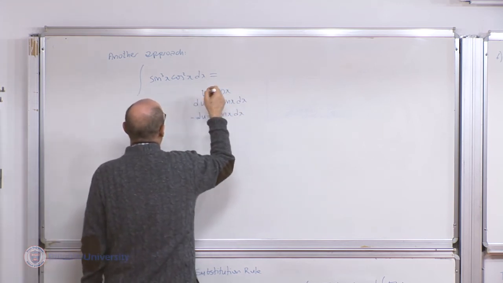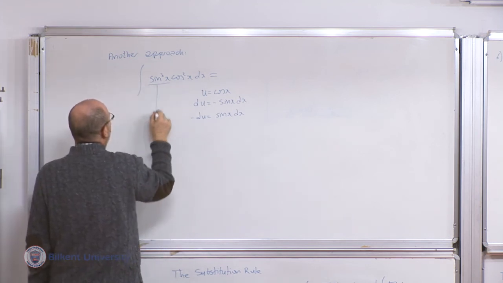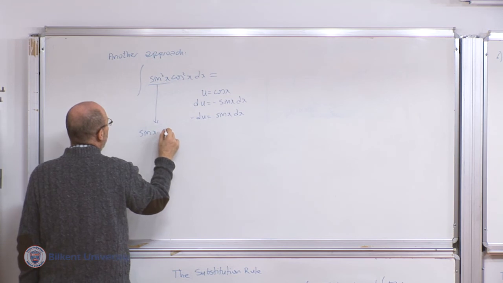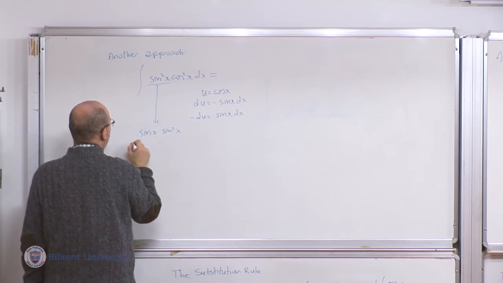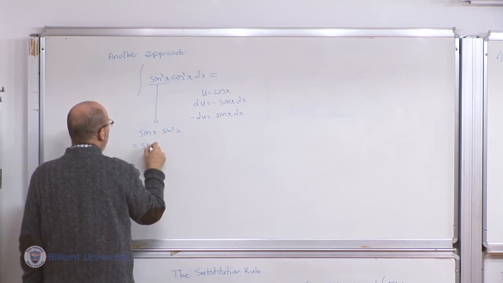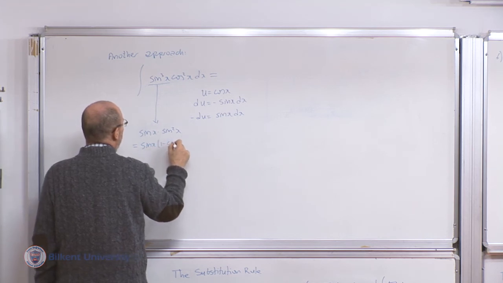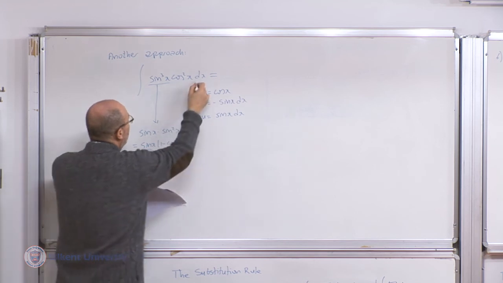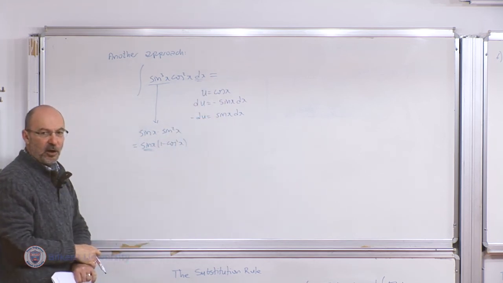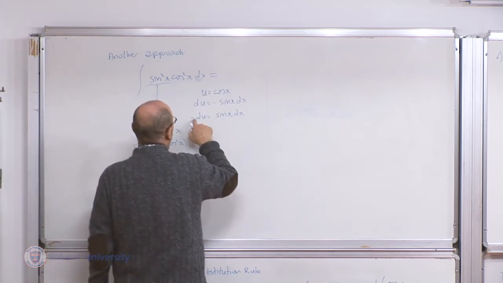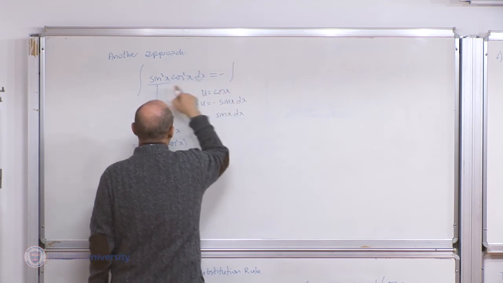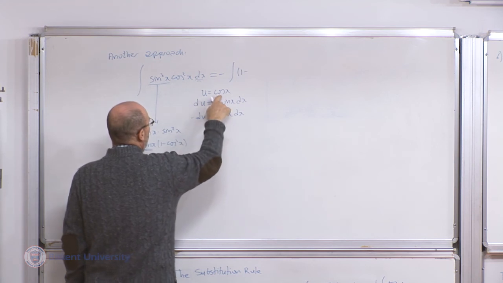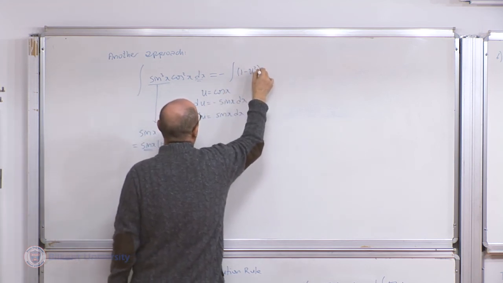Then here I will have, so I'm taking this sine cube and I'm writing it as sine x times sine square x. So it's going to be equal to sine x times 1 minus cosine square x. This sine x together with dx will give me du. Okay, so I have this minus sign here. So I wrote this thing as 1 minus cosine square. Cosine is u, 1 minus u square.